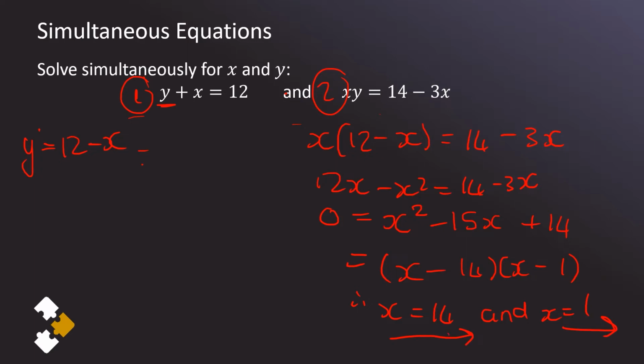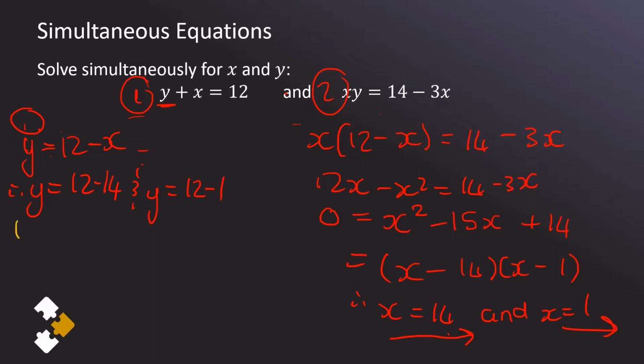We are going to substitute both of these back into our first equation, which will give us our y value. So y was equal to 12 minus x. Therefore, y has to be equal to 12 minus 14, and y has to be equal to 12 minus 1.